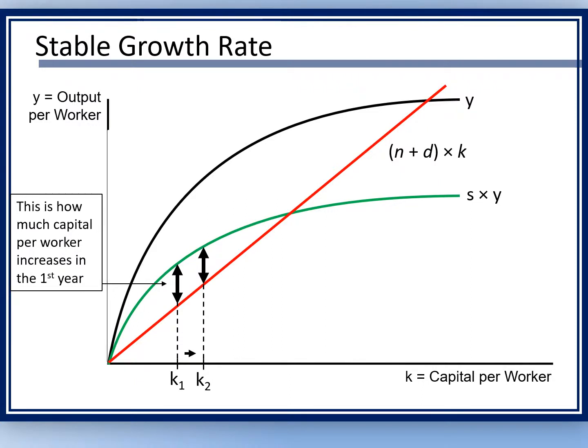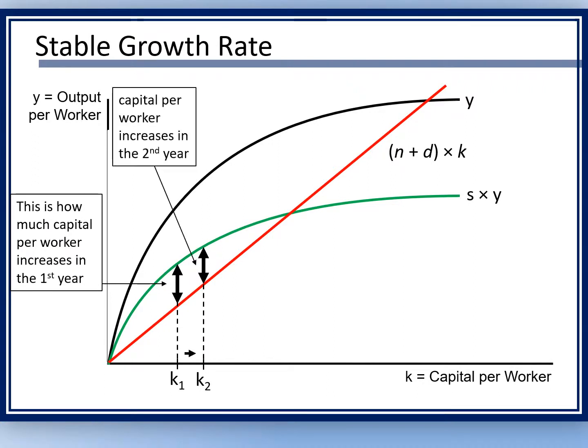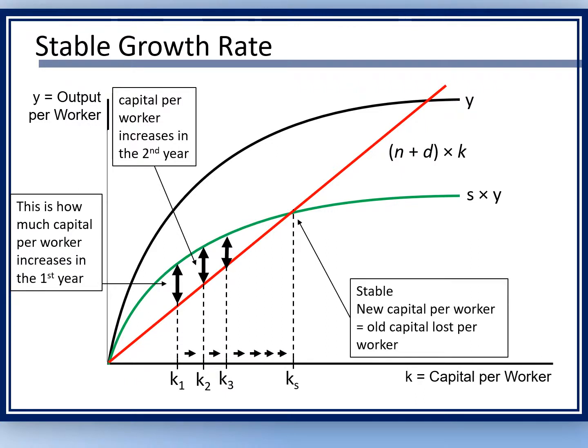Now you can see that at this point, the green line is once again higher than the red line, although the difference is smaller than before. This means that we are still saving enough to make ourselves richer in the next period. And there you go, richer. And the dynamic continues until we reach a point where the green line intersects the red line.